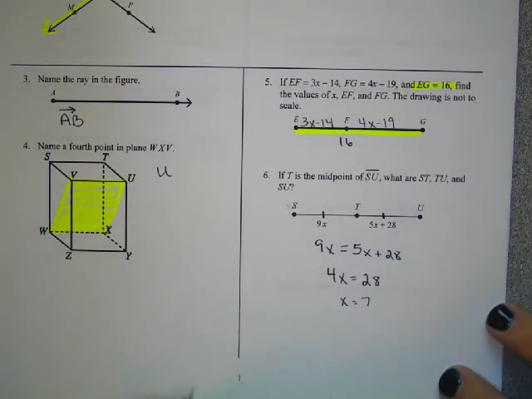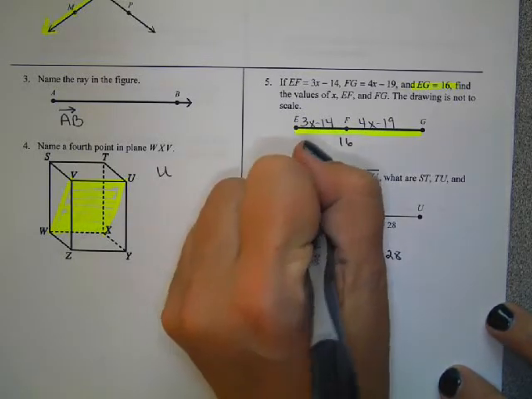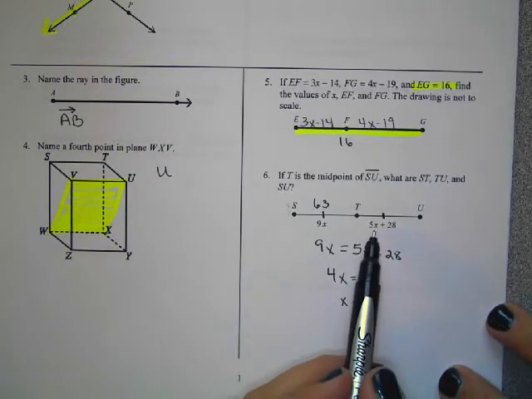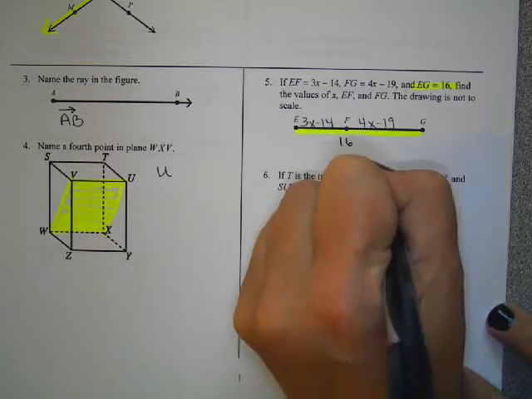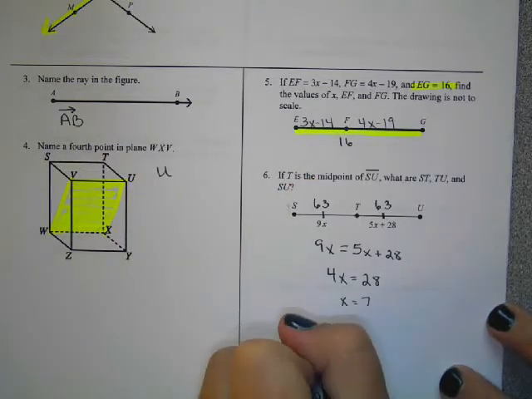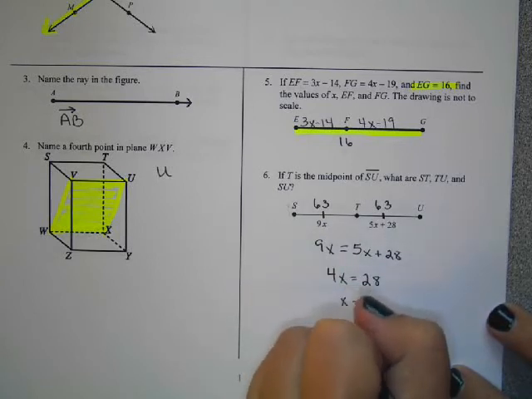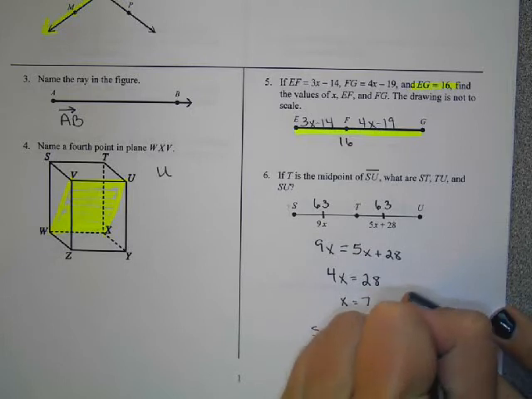So 9 times 7, 63. TU, 35 plus 28, 63. And the entire from S to U, 63 times 2, 126.